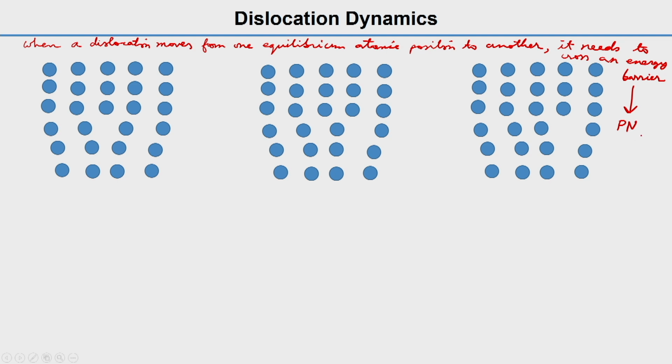That is the Peierls-Nabarro stress the dislocation needs to overcome.